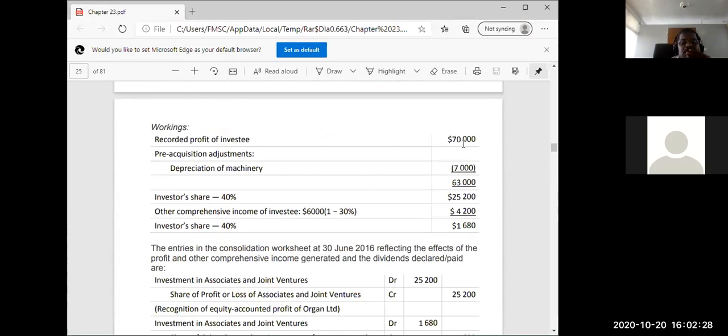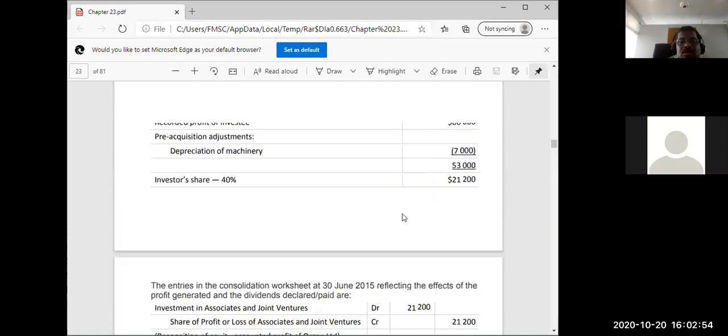Depreciation of machine, and here investors 25,000, and other comprehensive 42,000. Investor's share of profit 1,000, this amount.